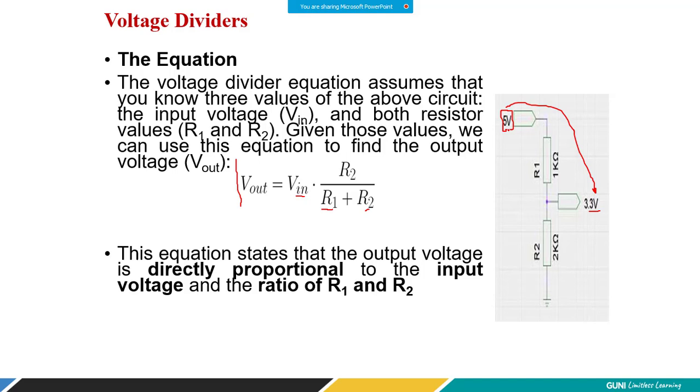So what I want is to reduce the voltage level. In order to reduce the voltage level, you can use this voltage divider circuit. Now the question arises, how should I decide the value of R1 and R2? That depends on what kind of output voltage you want, right? So based on that, you can make a voltage divider circuit like this.